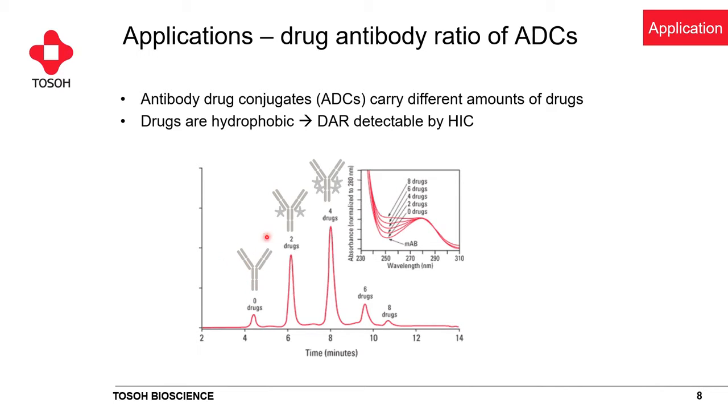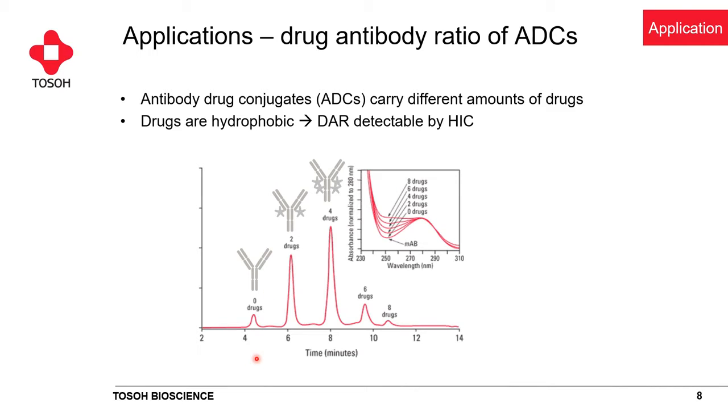The mAb is basically responsible for getting the drug to the site where it should act, maybe in a tumor cell, and then the chemotherapeutic is released and directly acts where it's needed, meaning in the tumor tissue. But of course you can imagine it's very important to know how much of these chemotherapeutic drugs are attached to one antibody, as this is the actual drug that works afterwards.